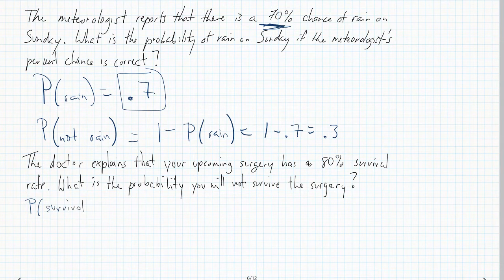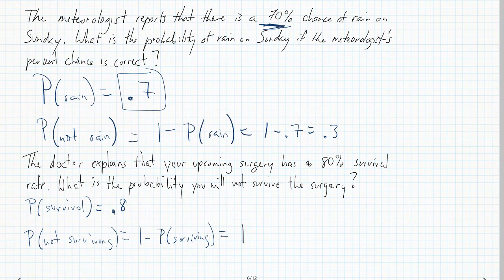So let me put the probability of survival. What does that equal? Well, we know that equals 0.8, right? So then we want to say, okay, what is the probability that you will not survive? So the probability of not surviving the surgery. From our probability rules, we can go 1 minus the probability of surviving, and the probability of surviving was 0.8.